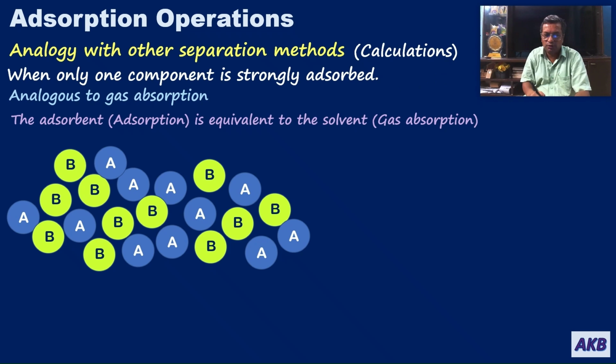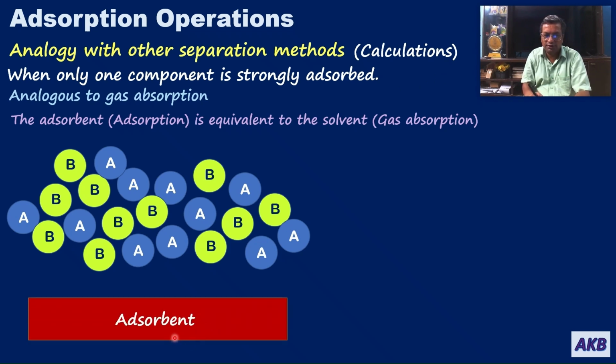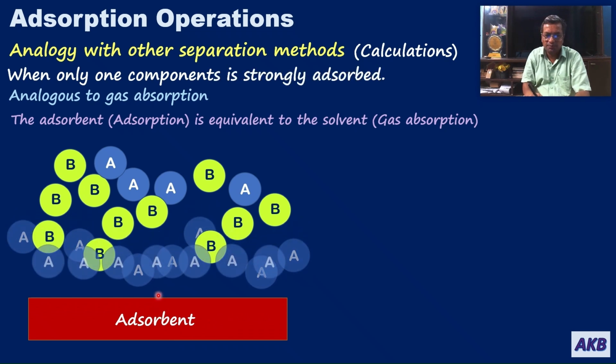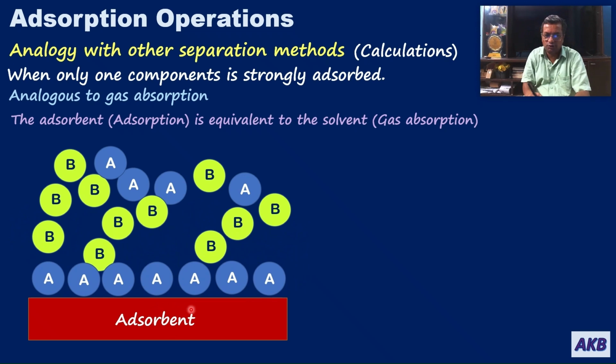When you contact this gaseous mixture with the adsorbent phase, A will go preferentially onto the surface of the adsorbent. So here A is getting adsorbed on the surface of the adsorbent. Now, let us understand how it is analogous to gas absorption.